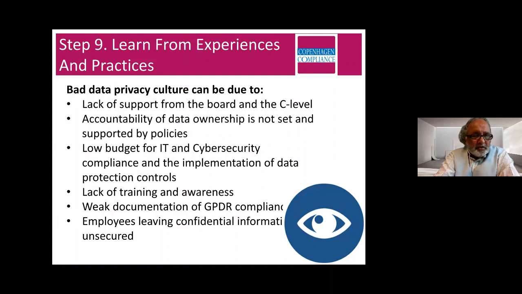Learn from experiences and practices so that you can develop on the culture that you have established. So that with any data privacy culture, the reasons why you have the data privacy culture, you can decide on how you are going to address it.